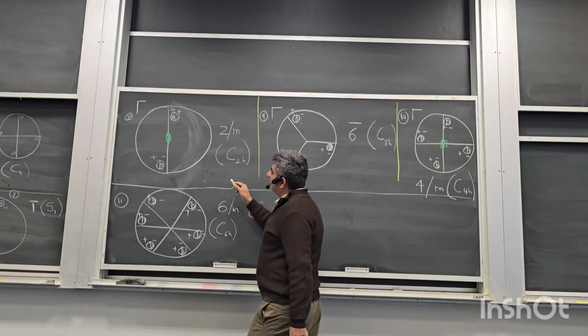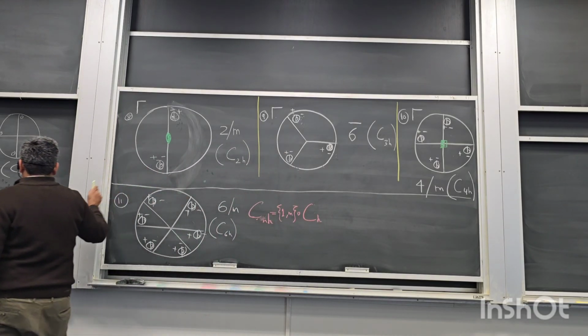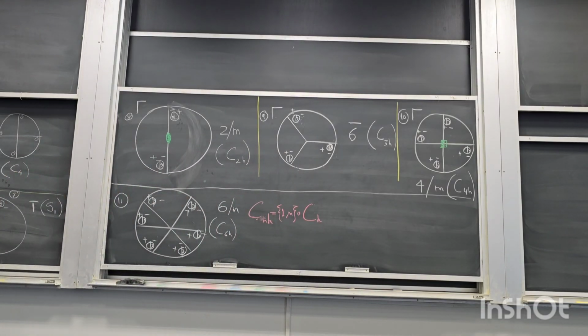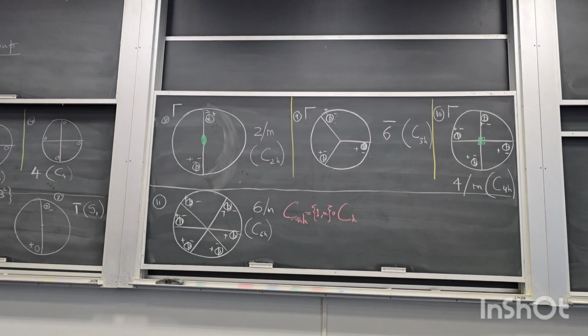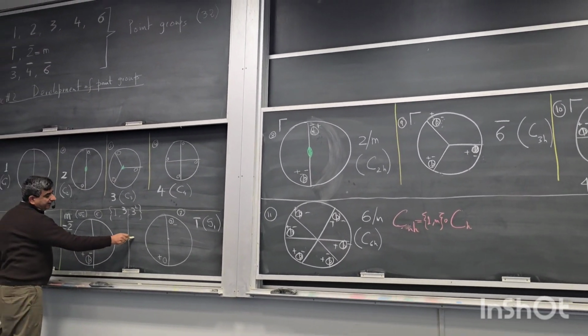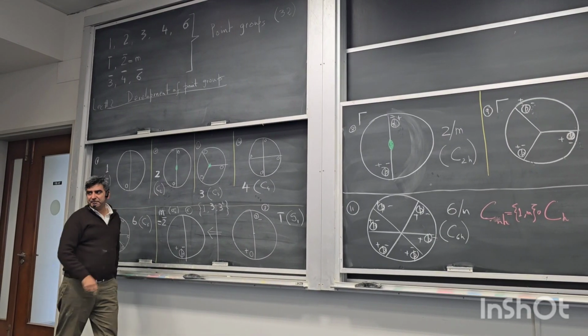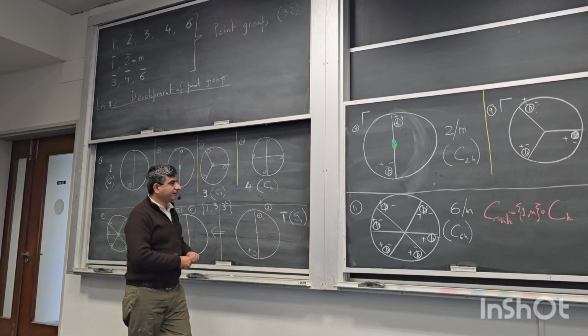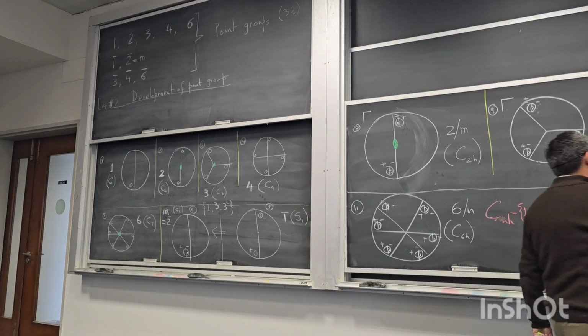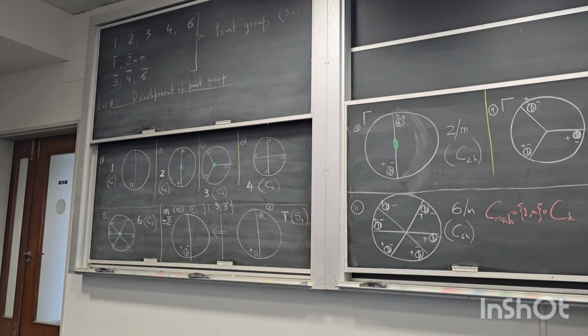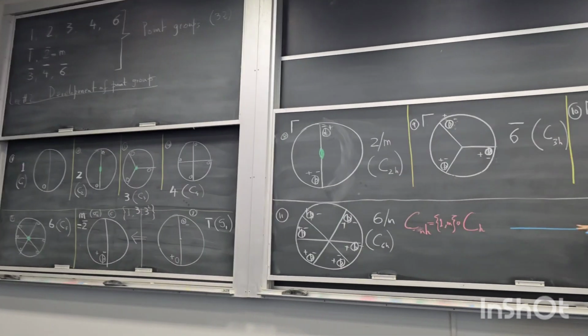So let's look here, simple. If I look from the side, how am I drawing the diagram? If I look at this image from the side, this is my mirror plane.